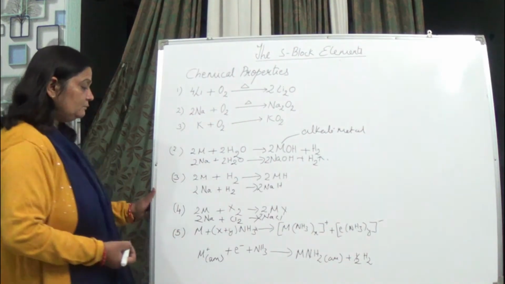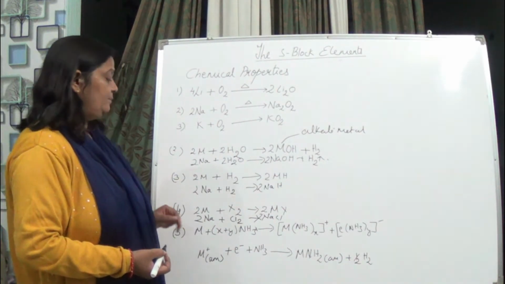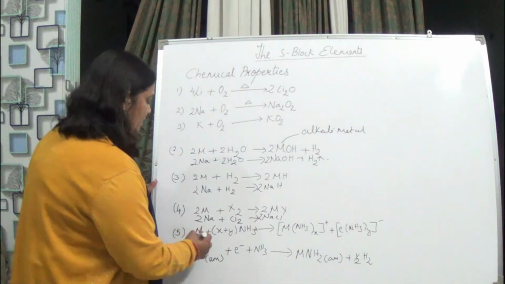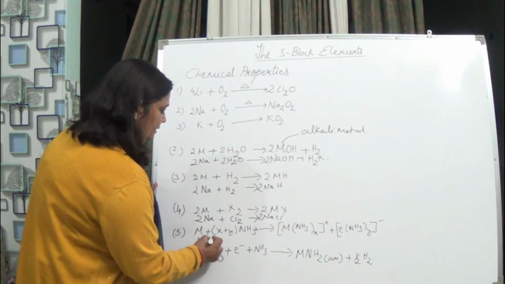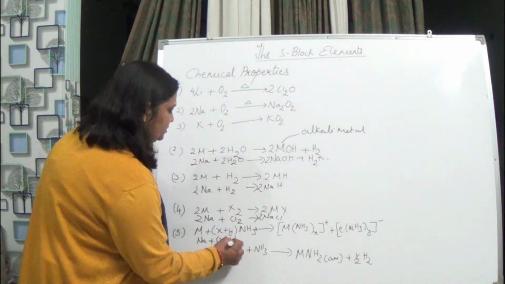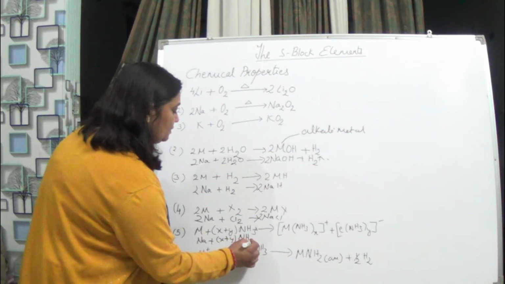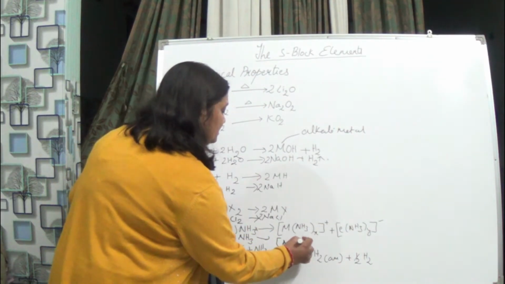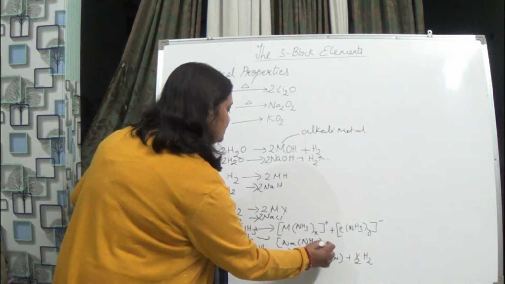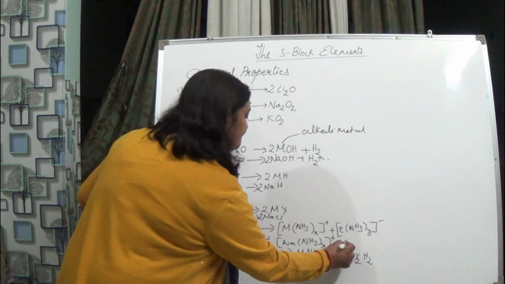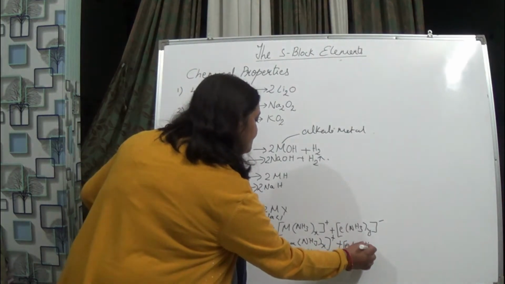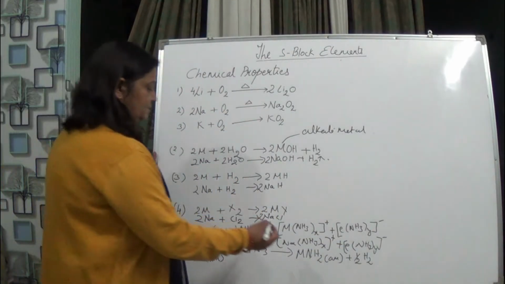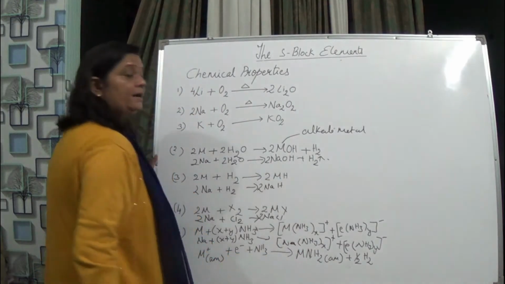Now what happens when these alkali metals react with liquid ammonia? Suppose we are taking sodium only: Na plus X plus Y, the composition of NH3, gives ammoniated ions.